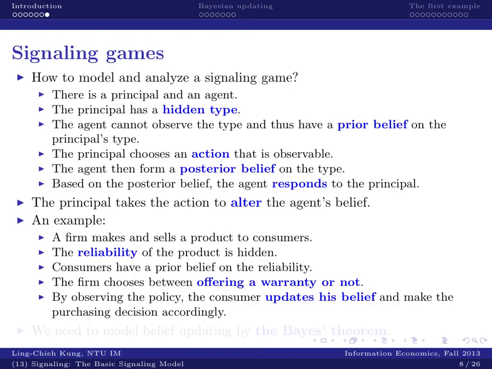And then I hope to make them more willing to buy my product. So, according to this description, we need to have some ways to mathematically describe how consumers update their beliefs, and eventually that's the place we need to apply the Bayes theorem, 贝叶斯定理.